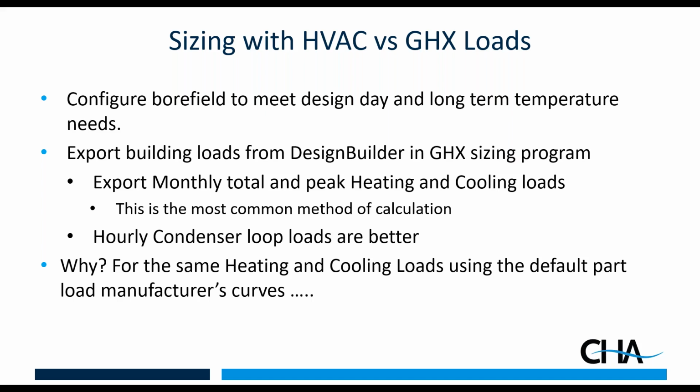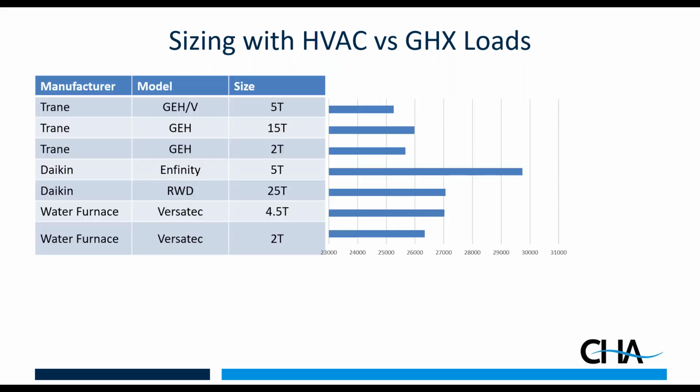If we have that, and since we're doing this in EnergyPlus, we have that data available. So the reason for this is, for the same heating and cooling loads, if we go the other route and let the ground heat exchanger program simulate the heat pump behavior for different manufacturers, for different models, for different size tonnages, what it does is it takes that heat pump and it divides your loads out evenly.